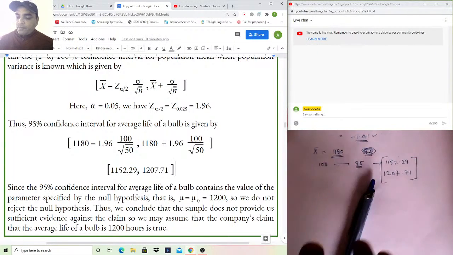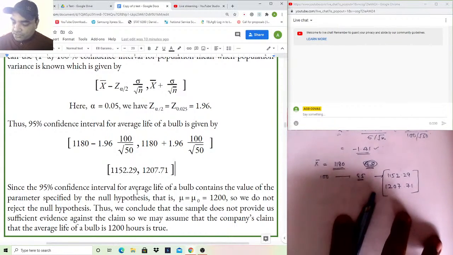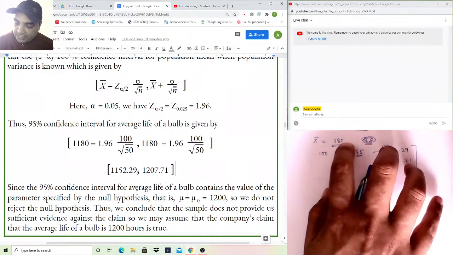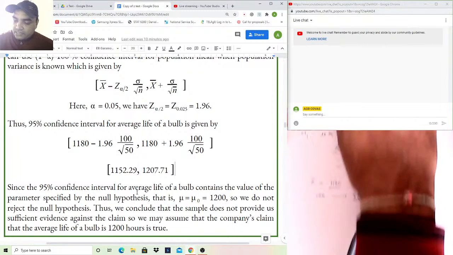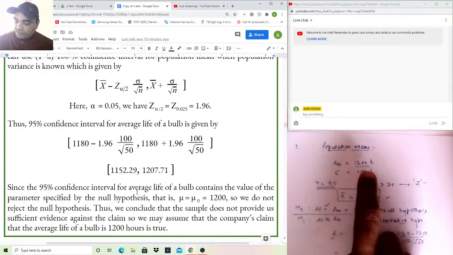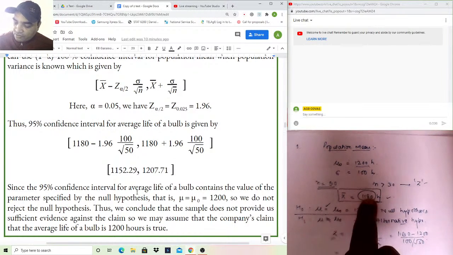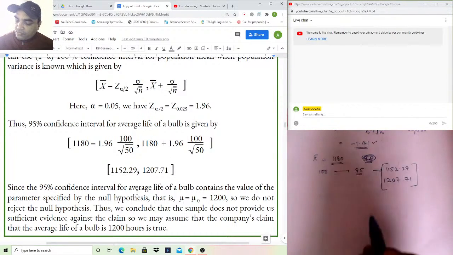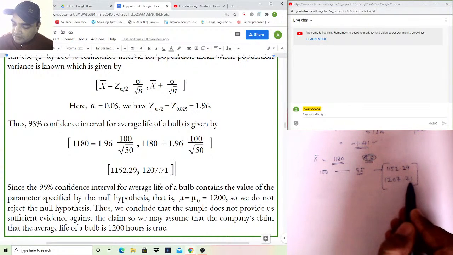Say, for example, from a population which has 1200 as the population mean and a standard deviation of 100, you got a sample mean of 1180. So your confidence interval will be from 1152.29 to 1207.71.